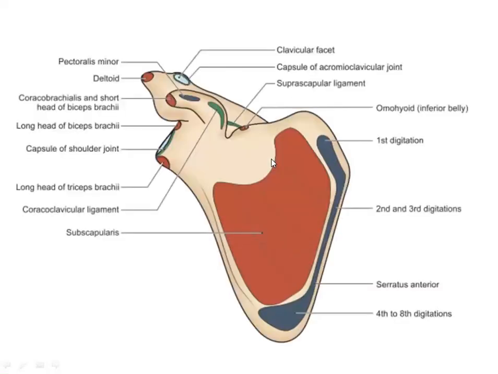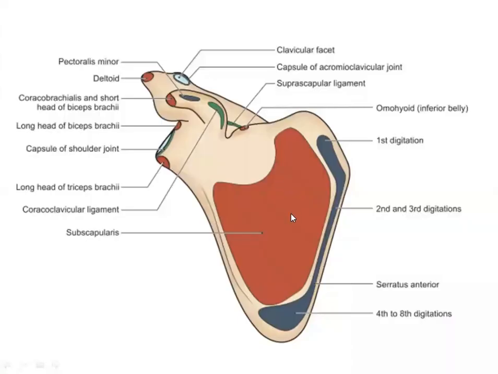Now we will see the attachments on the costal surface of the scapula. There is the large subscapularis muscle origin in the subscapular fossa.